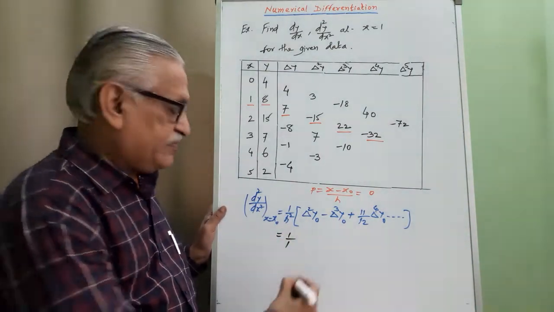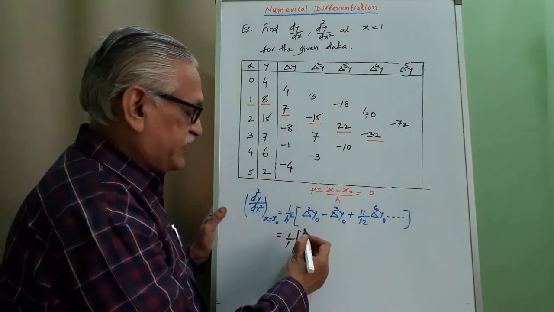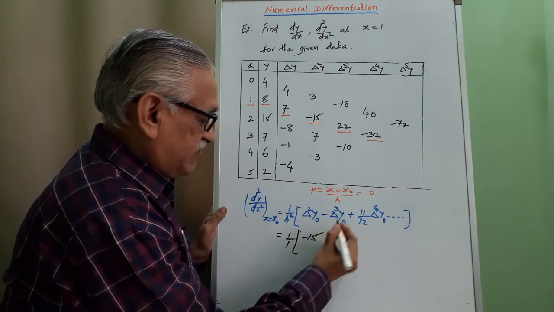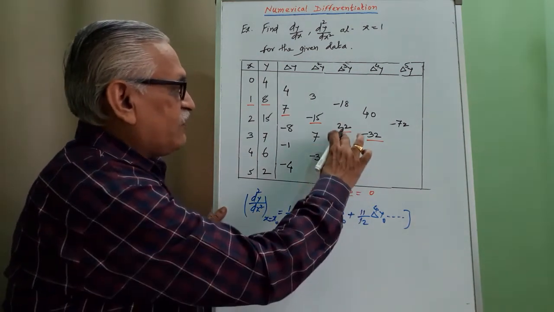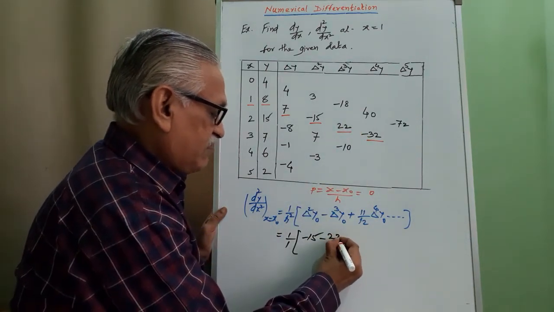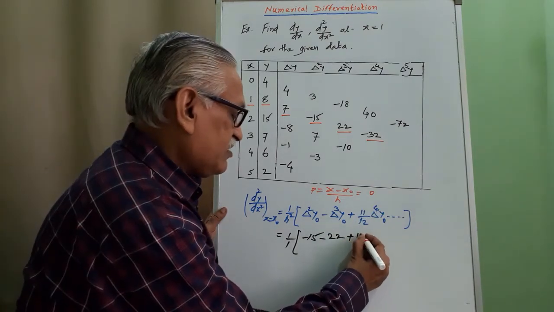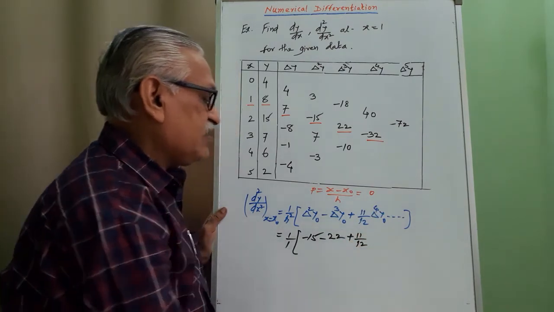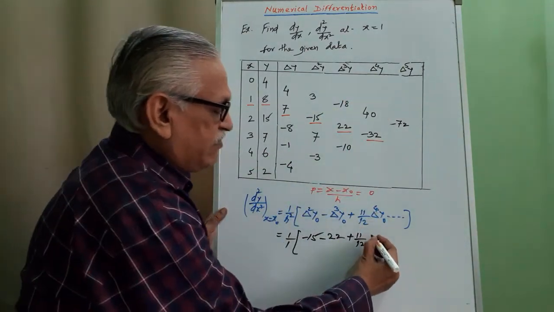The value of del square y0 is minus 15, minus del cube y0, the value of del cube y0 is 22, plus 11 by 12 del raised to 4 y0, the value of del raised to 4 y0 is minus 32.